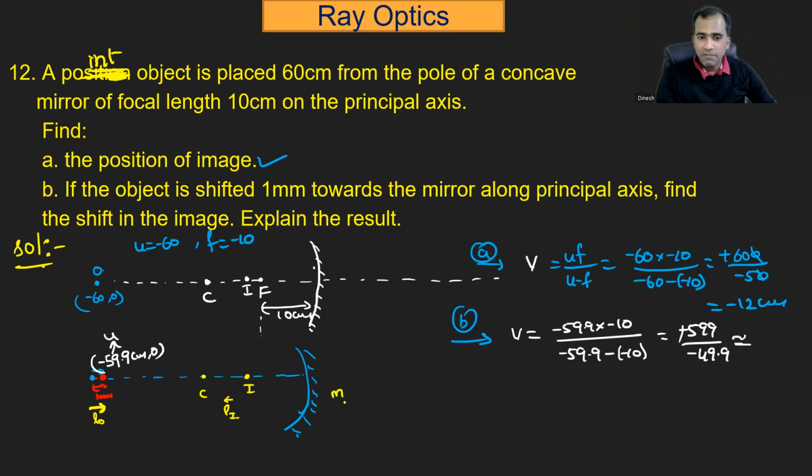That is what we call the magnification factor, longitudinally: the length of the image divided by the length of the object. When you place the object perpendicular to the principal axis, the magnification factor is minus v by u. But when you place it along the principal axis, for small objects, it is m square.